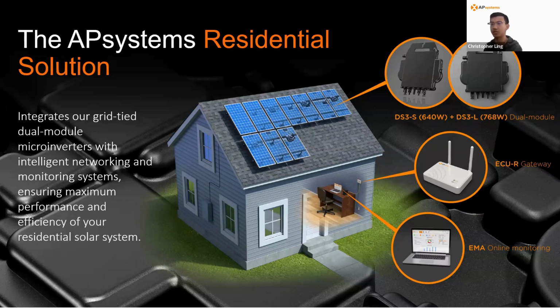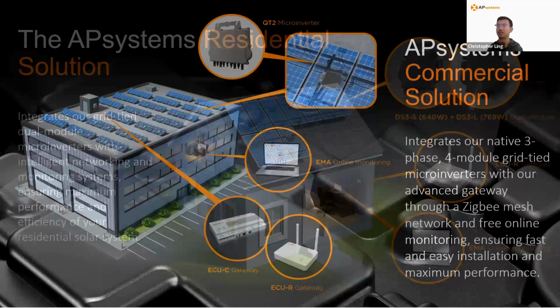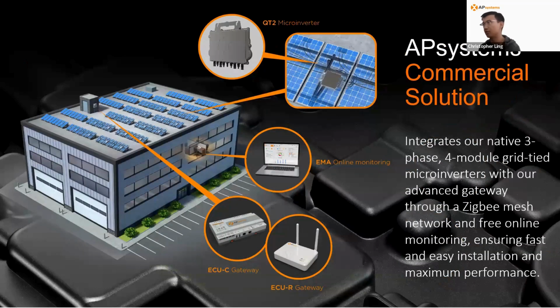So this is our residential solution for split phase or single phase type solutions. We also have a similar system, which is our commercial solution, which we call QT2. Q stands for quad, T stands for three phase, and the 2 refers to our second generation of our three phase microinverter.